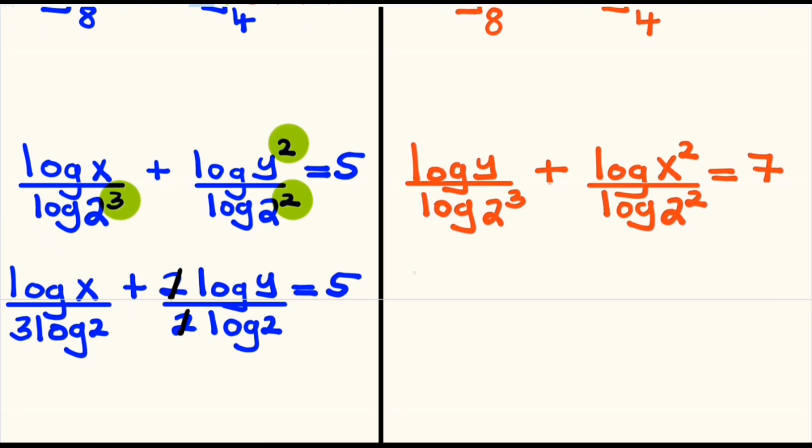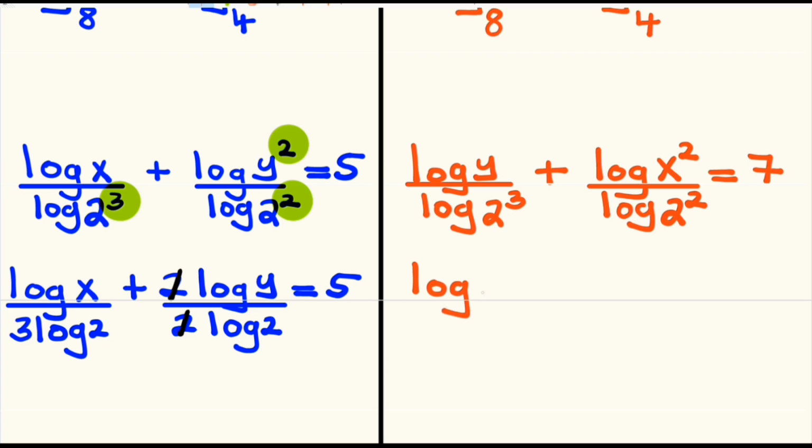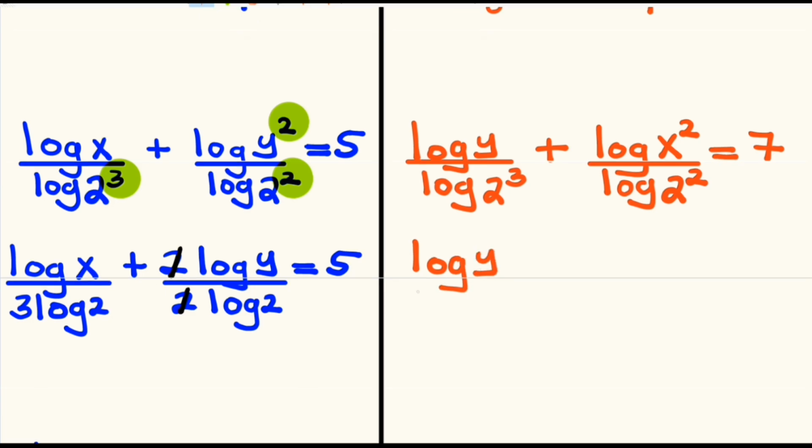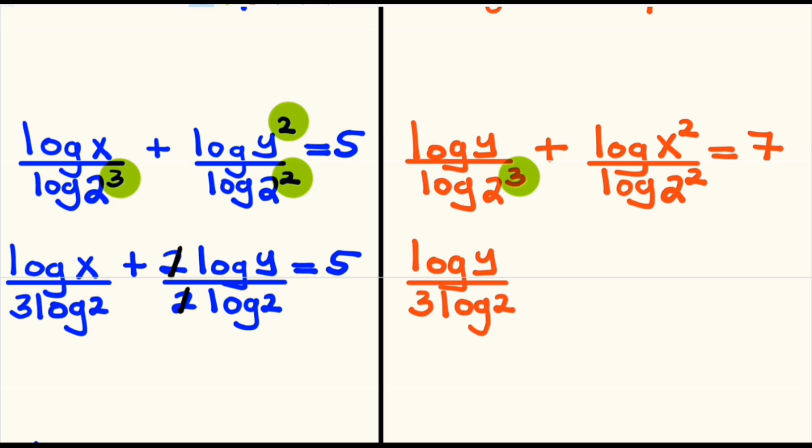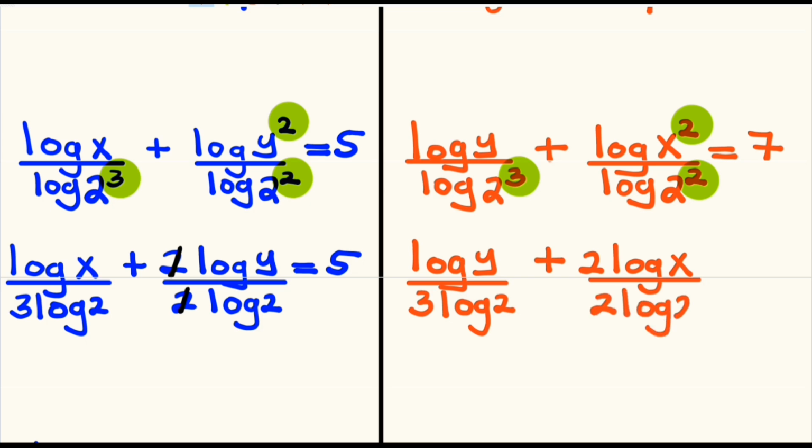And we use that law again, so we have the log y, and the 3, which is the exponent of the 2, will become the coefficient of the log 2, plus the 2, which is the exponent of the x, will become the coefficient of the log x. And even in the denominator, we have 2 as the exponent of the 2, so it will become the coefficient of the log 2. And this is equal to 7.